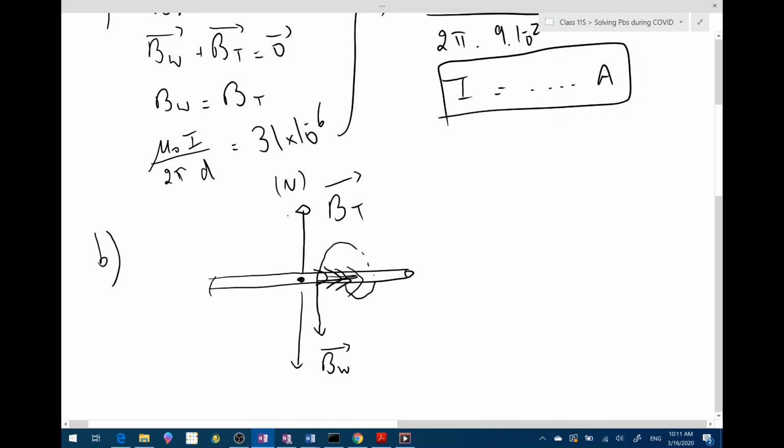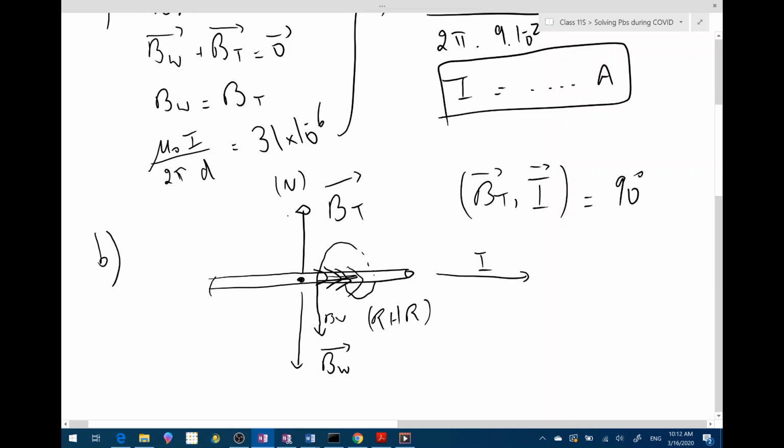So this would be the magnetic field coming from the wire according to the right hand rule. So that must mean the current is directed that way. So the angle between the terrestrial field and the current should be 90 degrees. Alright, that's it for the first problem.